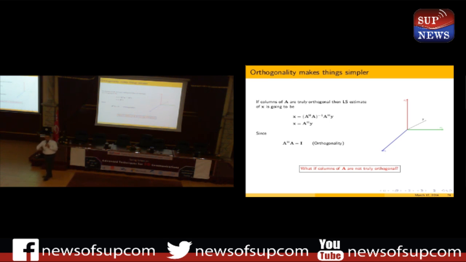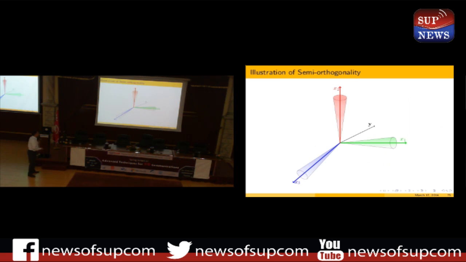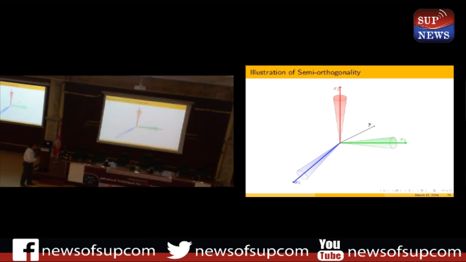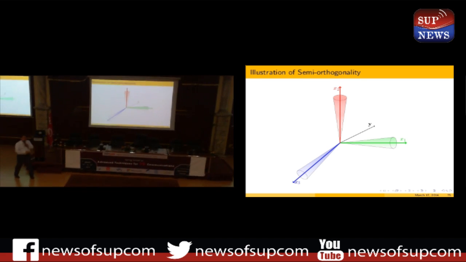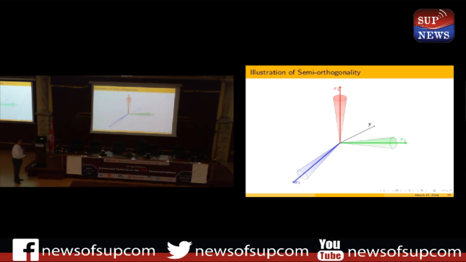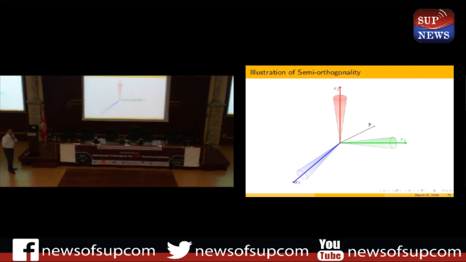But in these applications that I mentioned, the Toeplitz and the truncated FFT, this is what happens. I can group the vectors into semi-orthogonal columns. These are vectors here which are highly correlated, and these are vectors here which are highly correlated, and so on for these vectors.